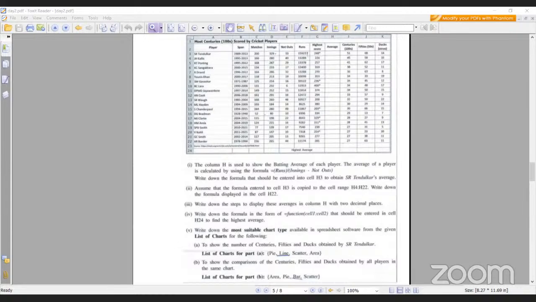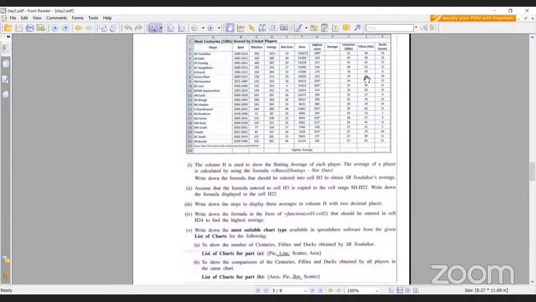Because the time is running, we'll go through that. The column H is used to show the batting average of each player. The average of a player is calculated by using the formula runs divided by innings minus not outs. Write down the formula that should be entered in cell H3 to obtain Tendulkar's average.